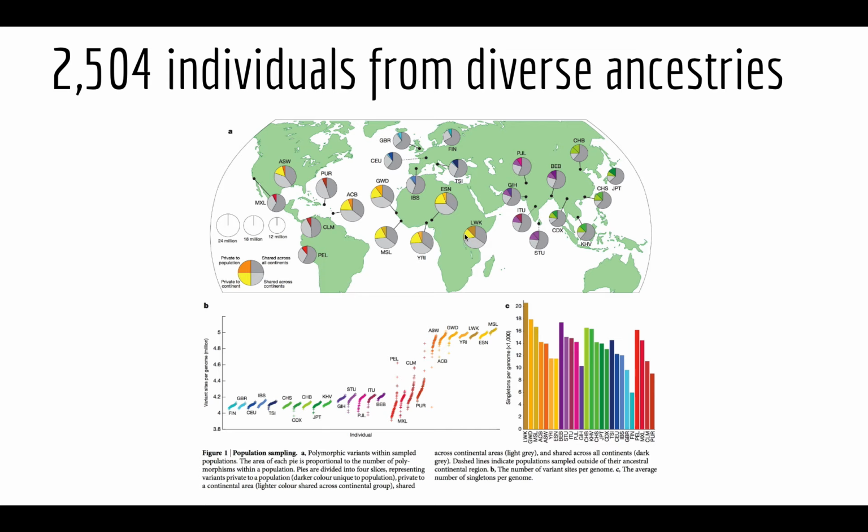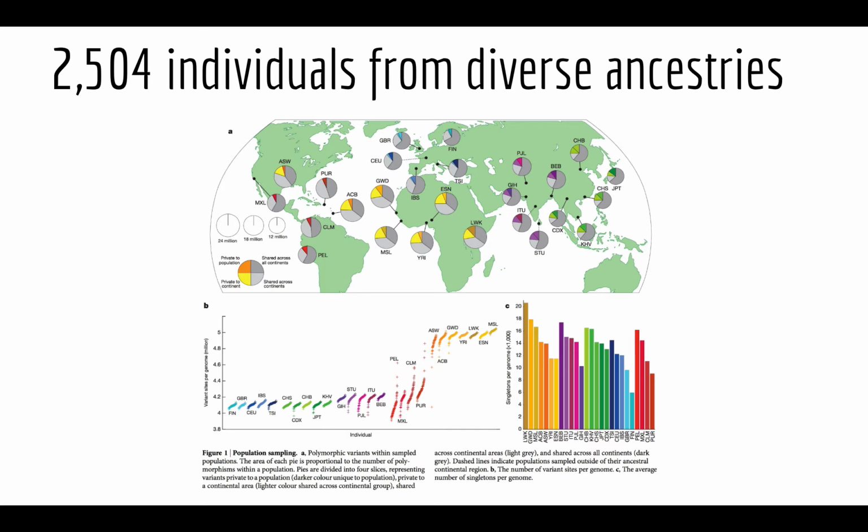The main result that I want to highlight is on the x-axis here, they've got different world populations in different colors, and they're labeled here. And then on the y-axis is the average number of polymorphic sites observed in individuals from these different world populations. And you can see there's this cluster of different world populations that have on average like 4.1 million genetic differences.